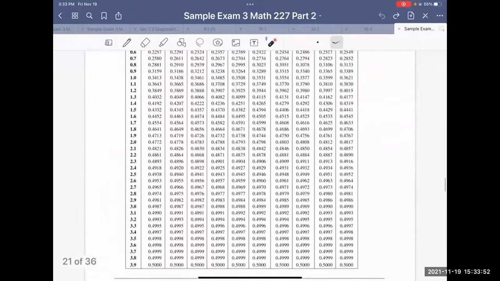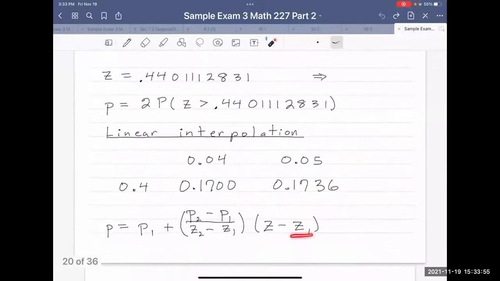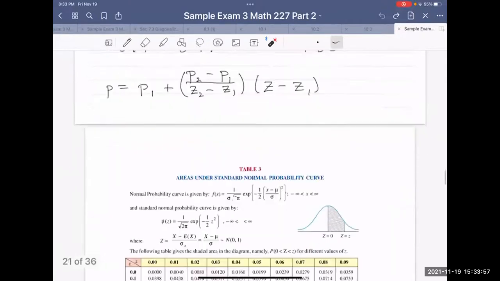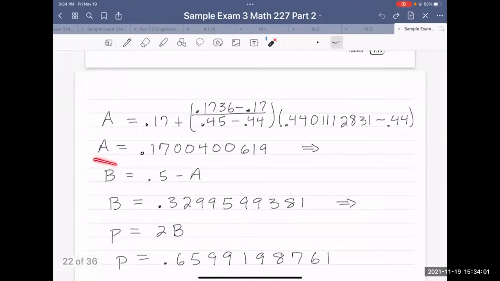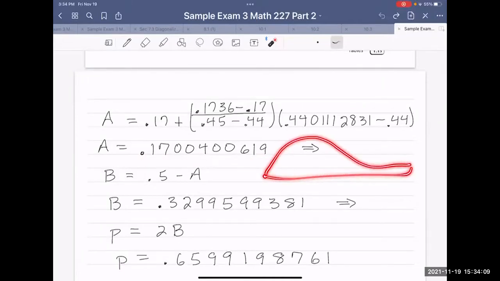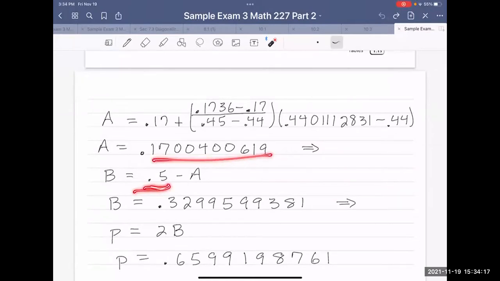0.44. I said the wrong thing, minus 0.44. And so you get 0.17004000619. But that just gives you the area between 0 and this value. So to find the area of the tail, let's subtract this from 0.5.